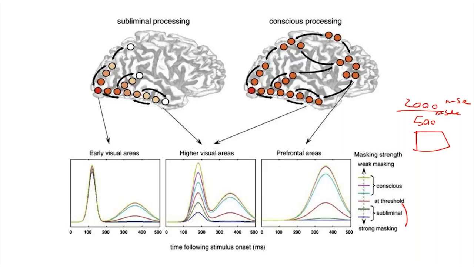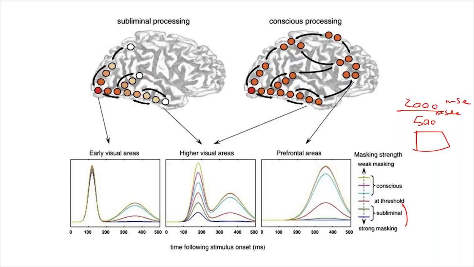And it's amazing that some parts in the frontal cortex do not even get activated. That's an interesting part of this visual processing. So when you have subliminal processing, sometimes it does not go to the prefrontal areas.